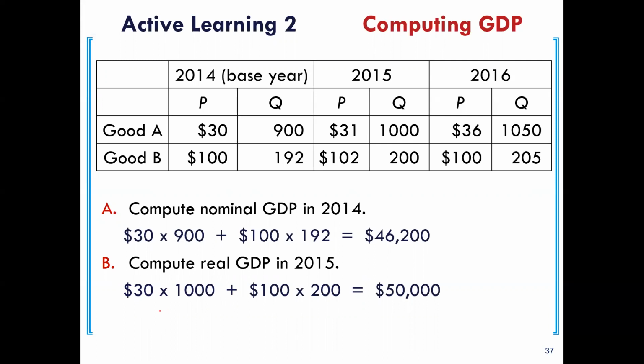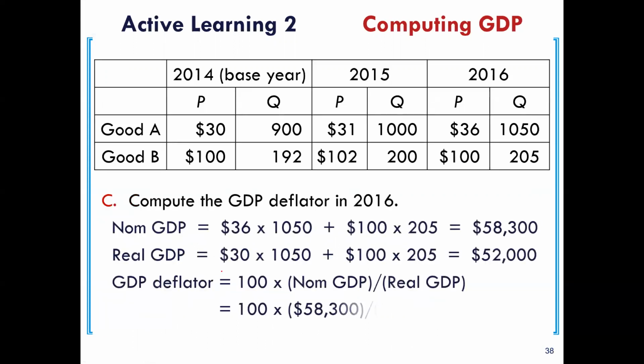So the base year price, which is the prices in year 2014, is 30 for good A and 100 for good B. The quantity for good A in 2015 is 1,000, and that for good B is 200. And so if we multiply 30 by 1,000 and add 100 times 200, that gives us a real GDP of 50,000.